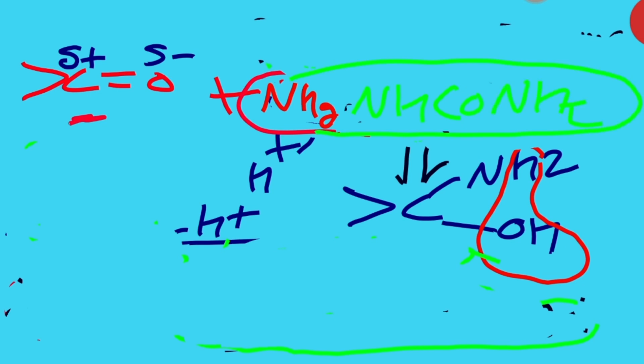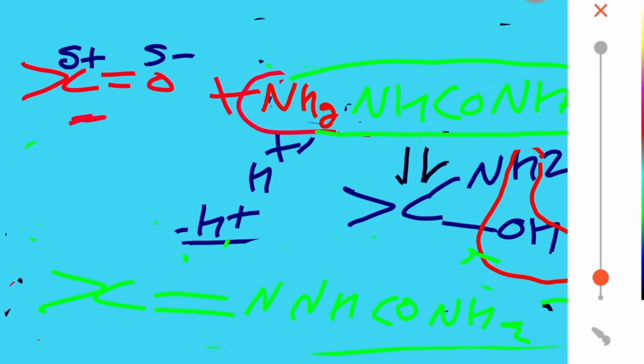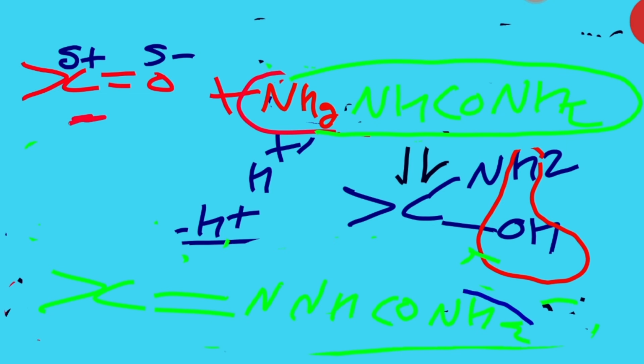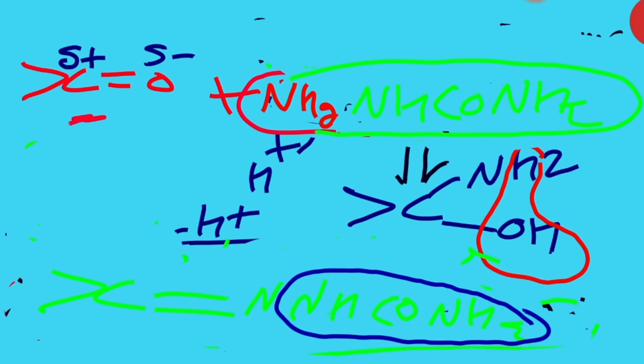Then what will be the product over there, beta? I hope you understood my point. The product will be very simple. There will be C double bond, then C double bond, then N, NH, CO, NH2. Is that clear? Only this value of Z is placed here.